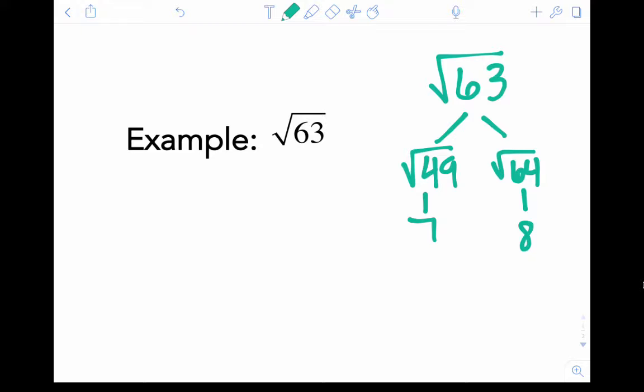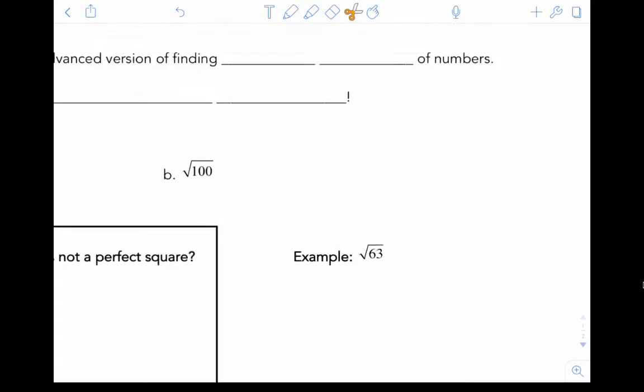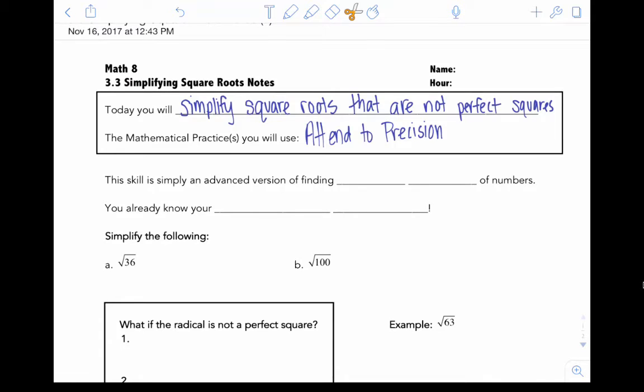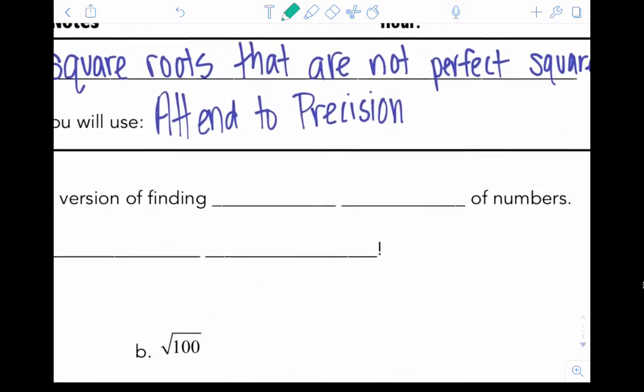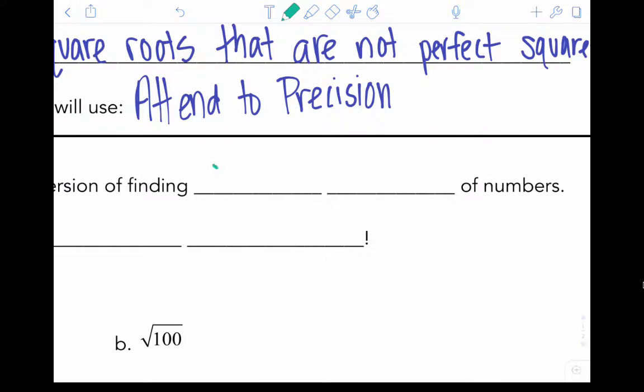So we'll have numbers that are smaller than 63. So what we're doing today, once again, simplifying square roots that are not perfect squares, is simply just an advanced version of finding square roots of numbers.